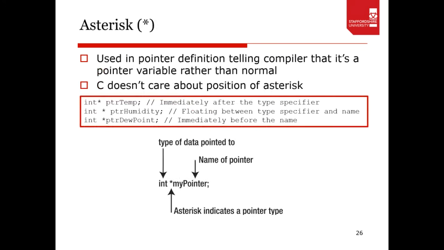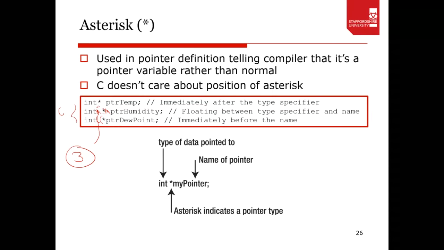So this is an int, and pointer temp. So it doesn't matter where the asterisk is, whether it's right after the int, or if there are spaces in between. I tend to use this one, option 3, but all 3 are valid.